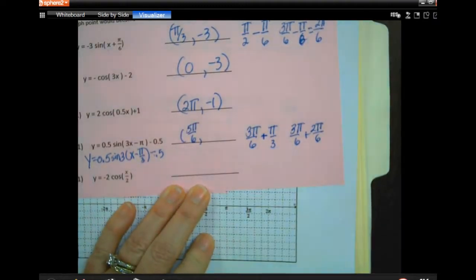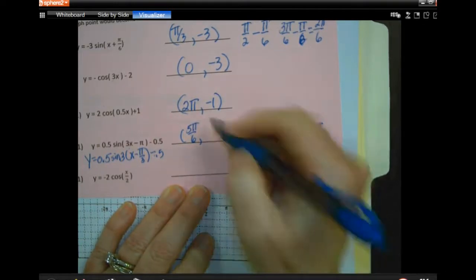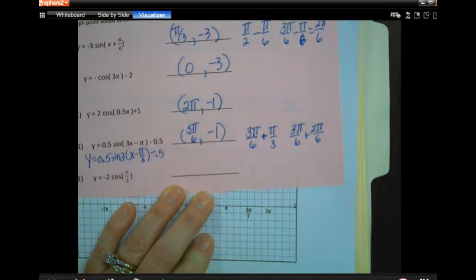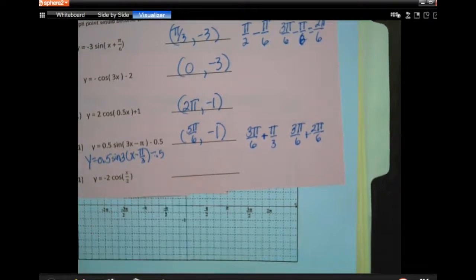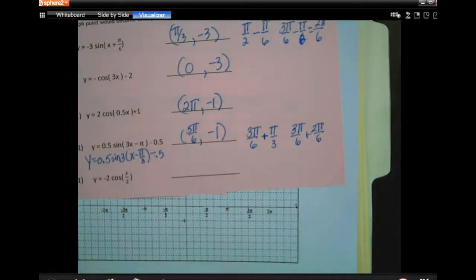Then to find the y, if I take the negative 1 times 0.5, I get negative 0.5. If I subtract another 0.5, I get negative 1. Pi and negative 1. Y is 2.